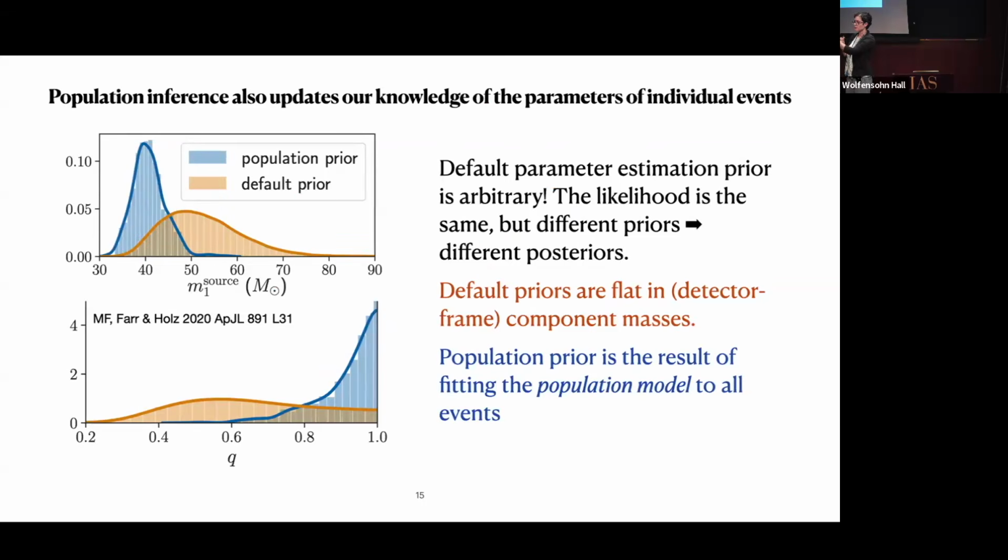As your posteriors on the population parameters tighten, your posteriors on the individual event would also tighten. But that requires having a population model that is adequate to fit the data. And right now, the population model that was used here was this power law with sharp edges, and that's just a bad model. So that's why it would shift.